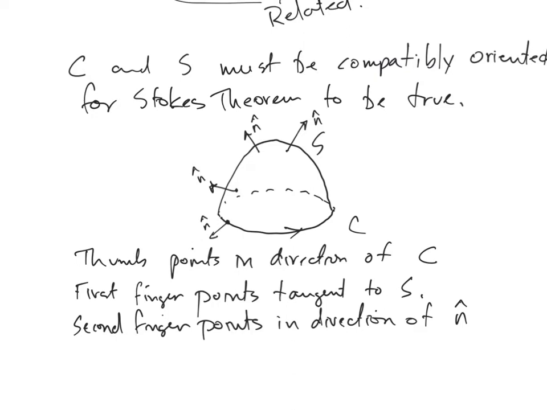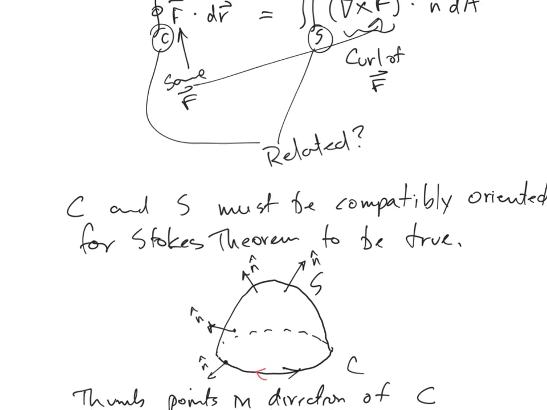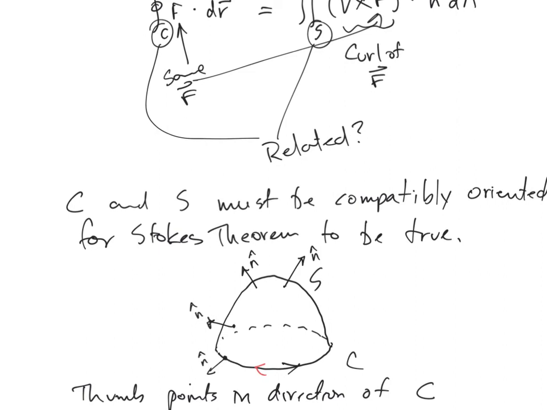So if I turn C around the other way, if I said C actually goes in that direction, well, then my thumb points in the direction of that. My first finger, again, is tangent to the surface.